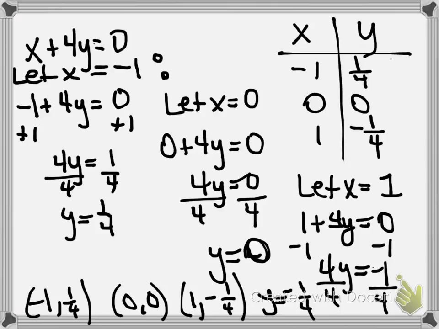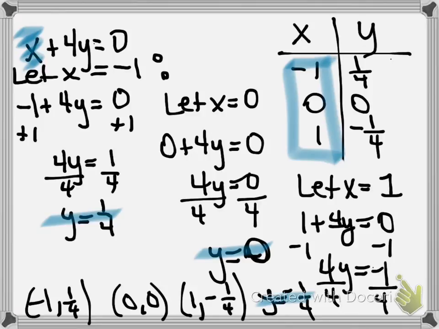Now, when I say let x equal these values, I mean in the original linear equation that you were given in number 15, that's the number we're working on, you're going to substitute that value in for x, and then to figure out what y was, we solved that equation for y.